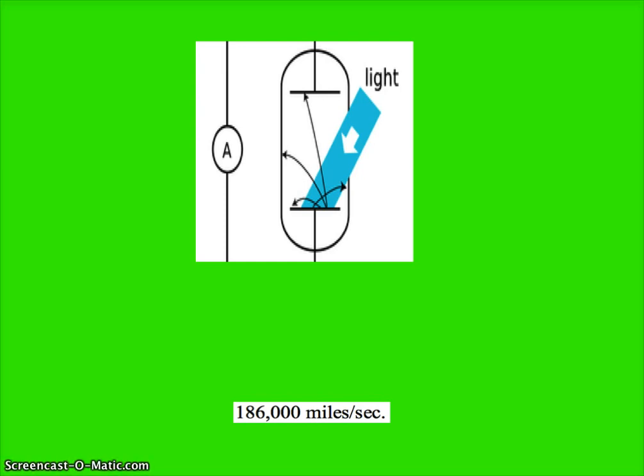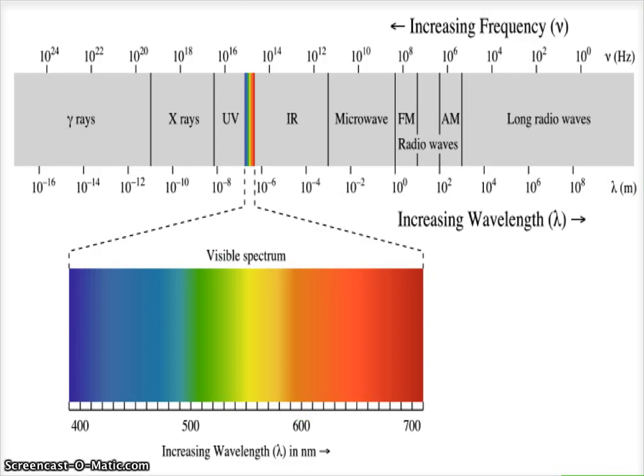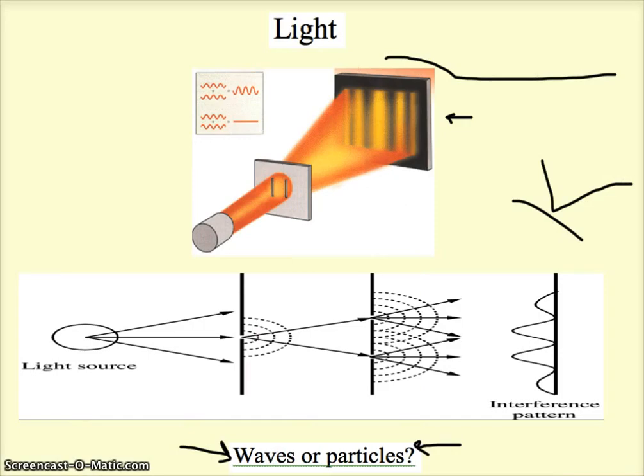Some think it's true that it's particles, and we actually have a term for that called a photon. P-H-O-T-O-N. So if light is not in waves, scientists have already said that it would be in photons.